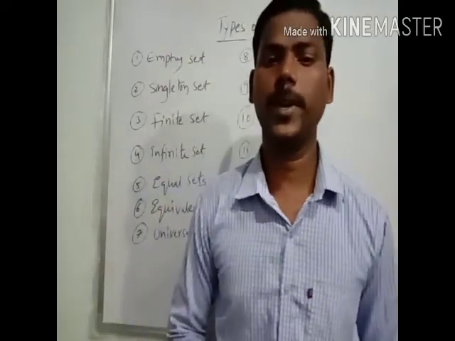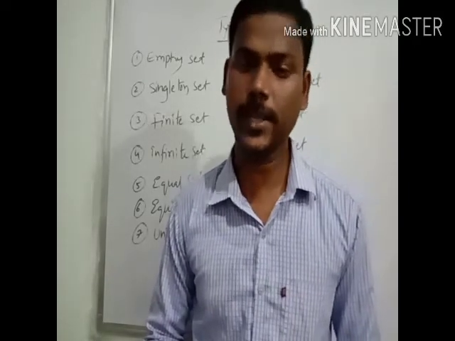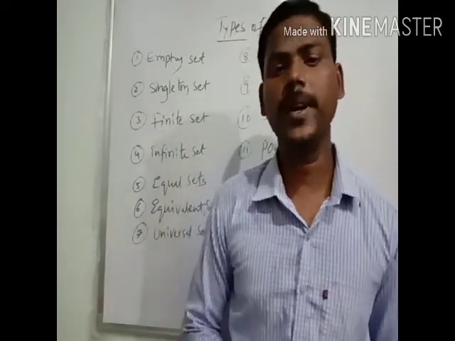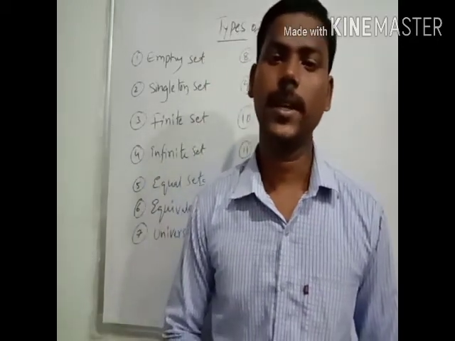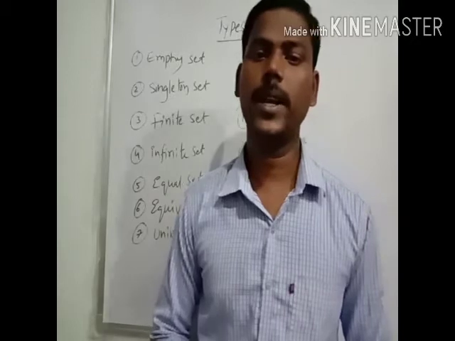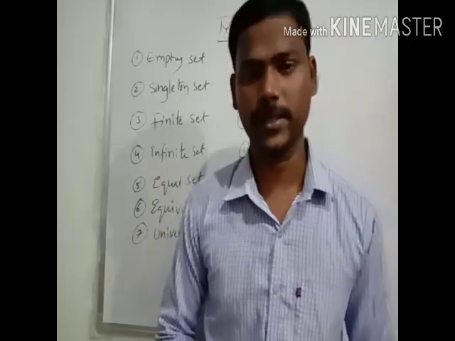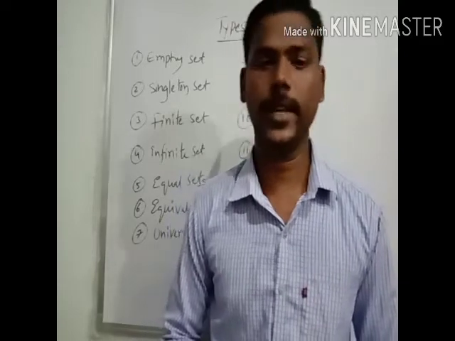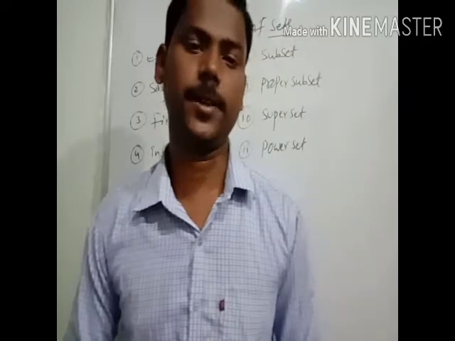In the roster form method, we enclose the elements between curly brackets and separate them by commas. What is the set builder method, children? In the set builder method, we write the condition or property or properties about the set. These are the two ways to represent a set.